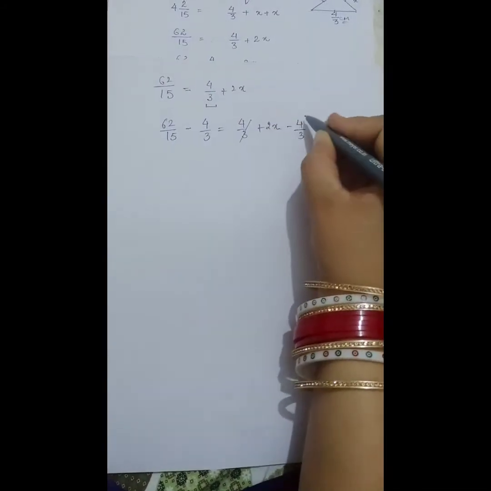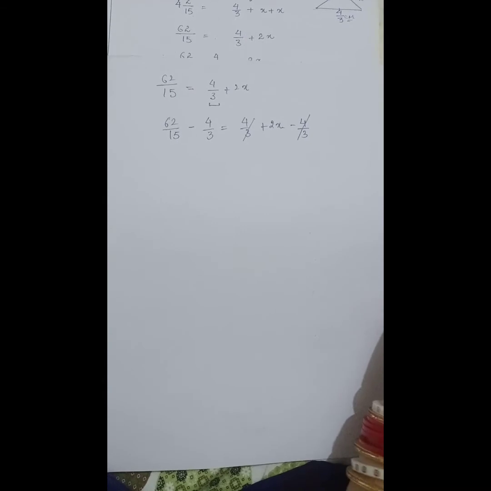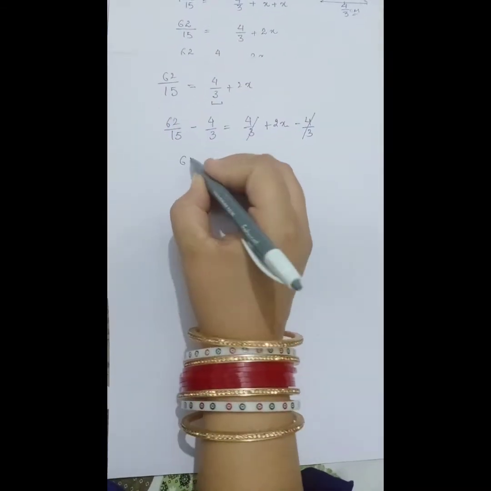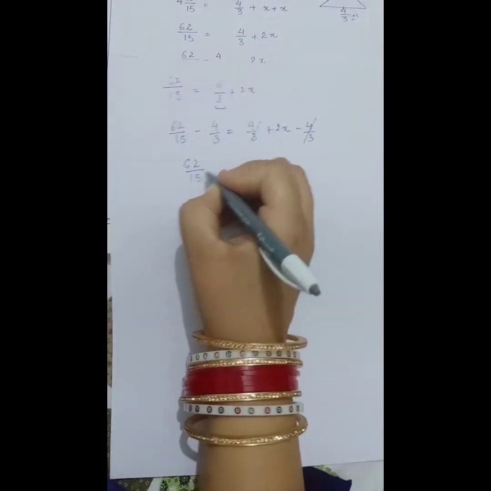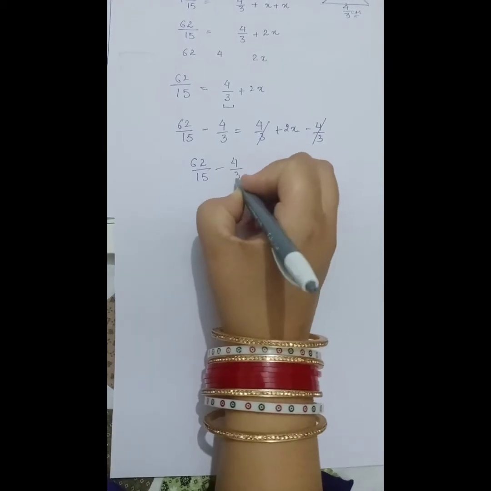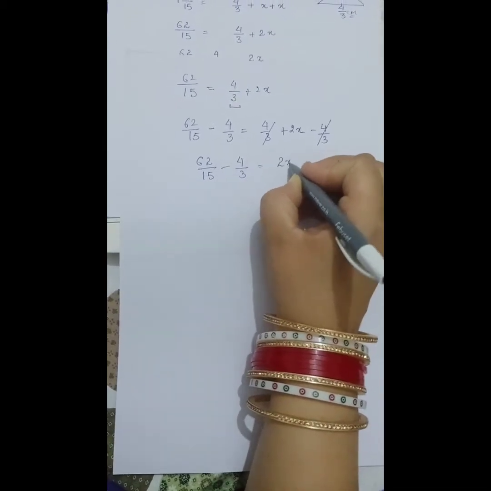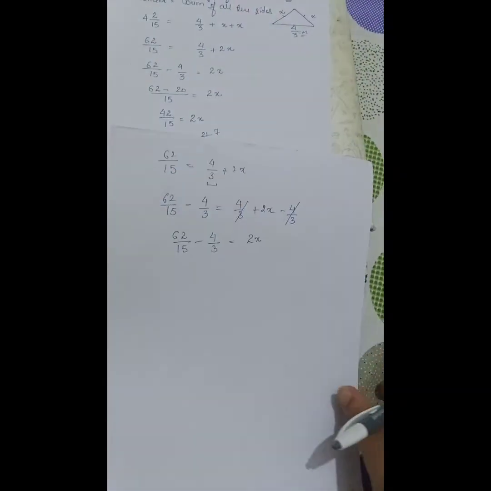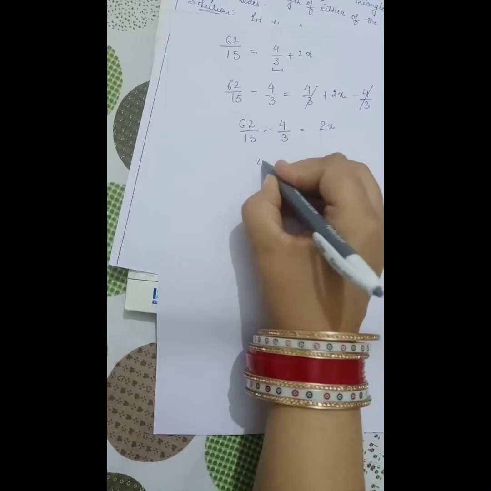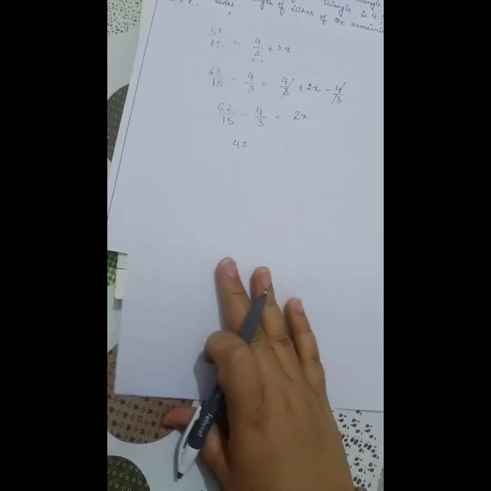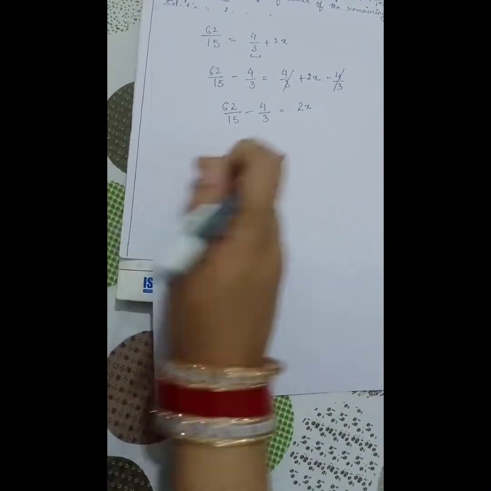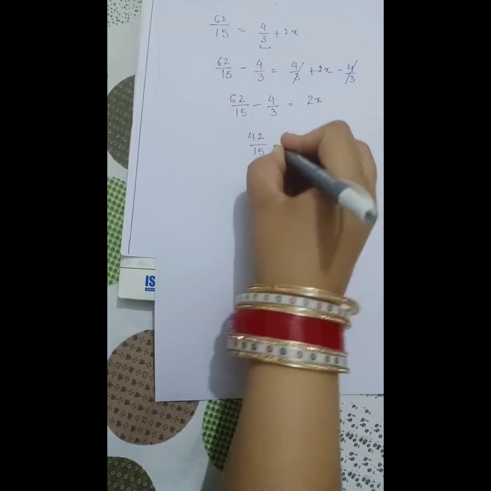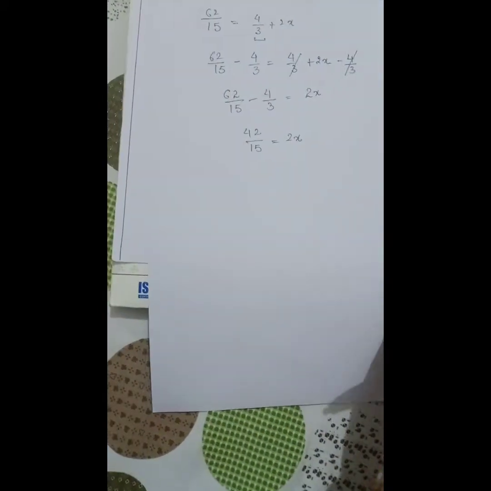This 4 upon 3 and minus 4 upon 3 cancel with each other. So you're left with 62 upon 15 minus 4 upon 3 is equal to 2x. Now take the LCM. After taking the LCM, you are left with 42 upon 15 is equal to 2x.